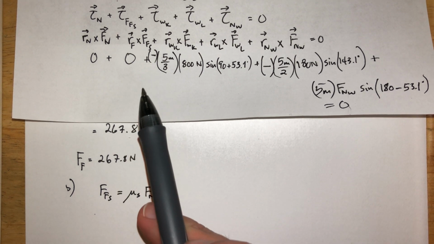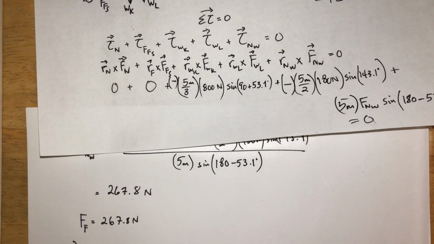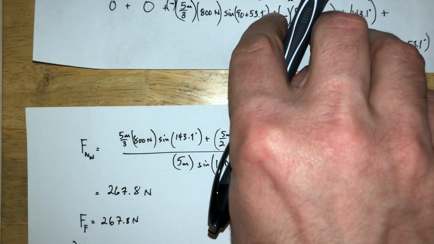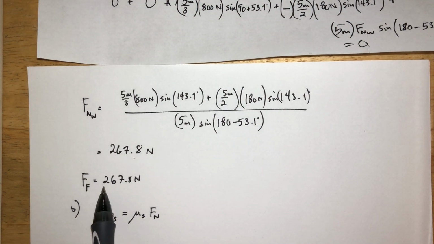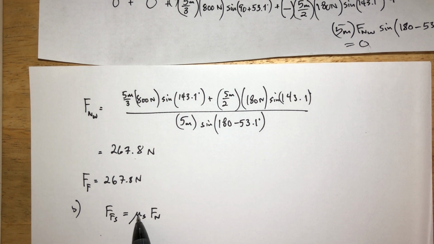The ladder isn't in equilibrium unless the force of static friction can be this big, right? So the least we can allow the coefficient to be is such that, given the normal force, the force of static friction is equal to this.